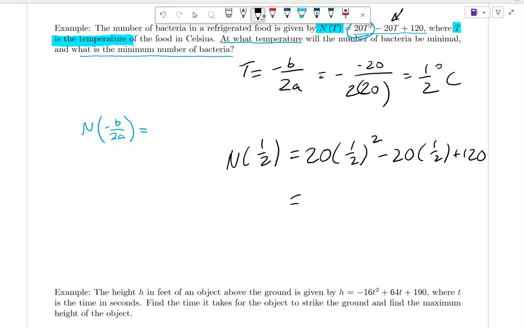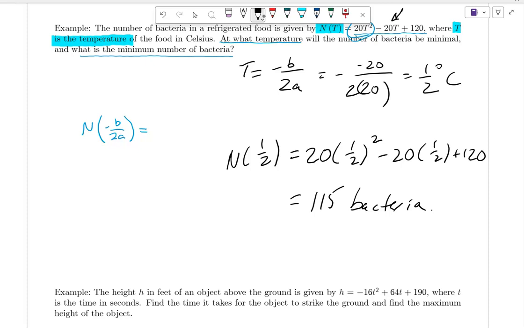And if you put that in your calculator, what do we get? 115. Okay.